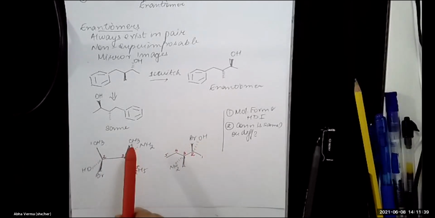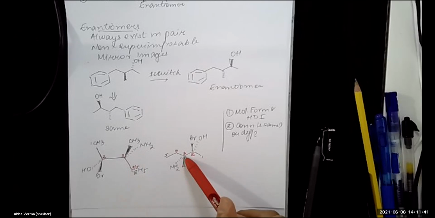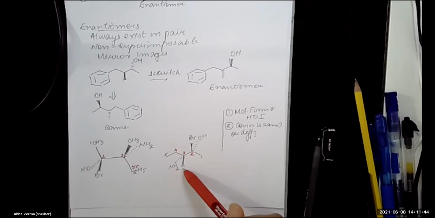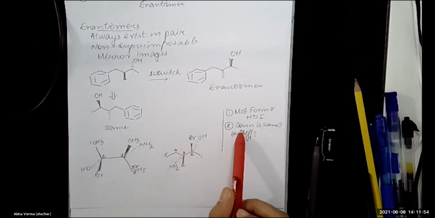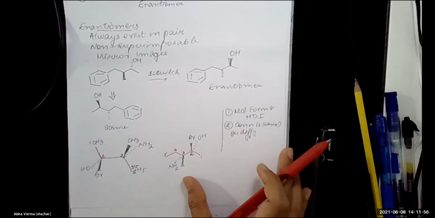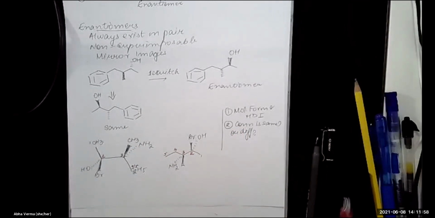On carbon 3, I have a methyl and an NH2. And what is this here? This is the CH3 or the methyl group. Any questions? So the connectivity is also exactly the same. So I know that I have stereoisomers now.